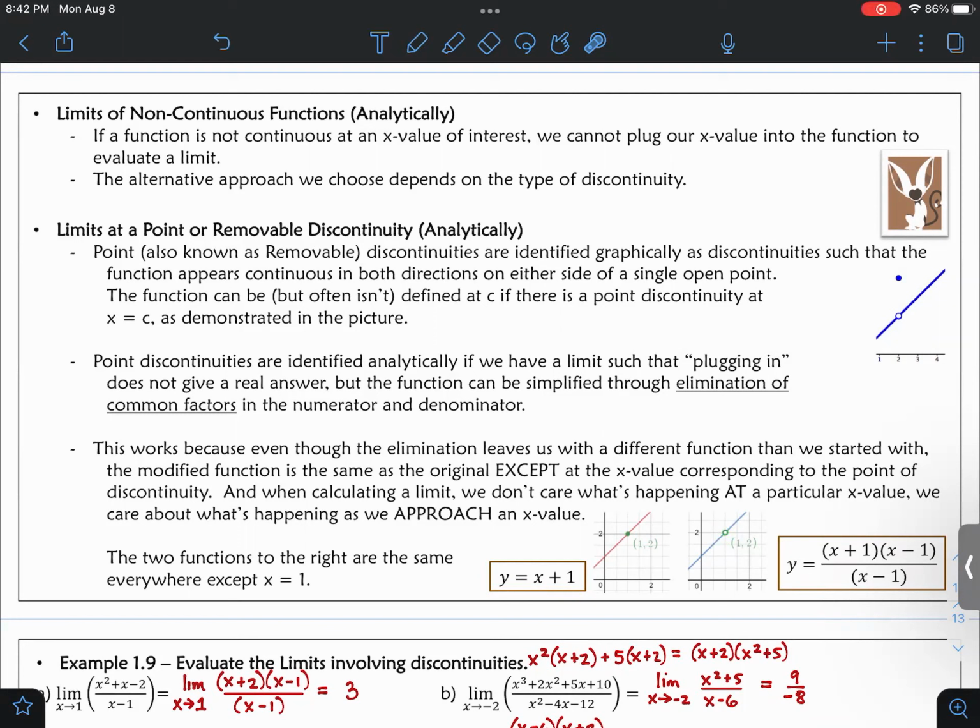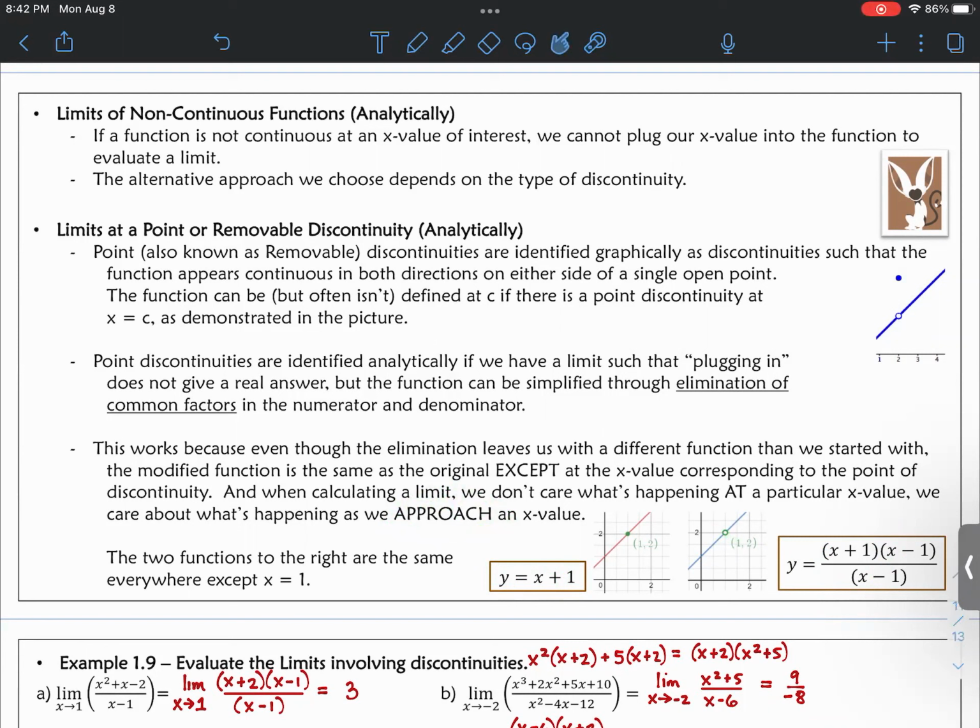But what's really nice about these functions with limits is that if I'm talking about a limit as I approach this discontinuity, I can cancel these like factors out, because limits are all about what happens as we approach an x value, not what necessarily happens right when I get there.